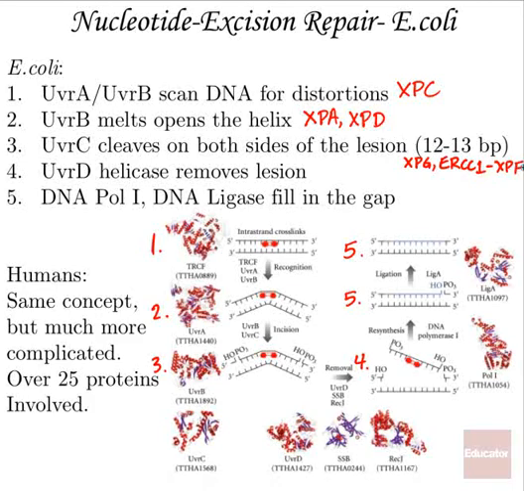And UvrD doesn't really have as great of an analog. And we have, instead of a 12 to 13 base pair gap in bacteria, in humans or eukaryotes, about a 24 to 32 base pair lesion. And as I said, many more proteins involved.